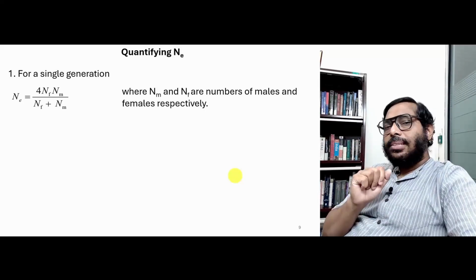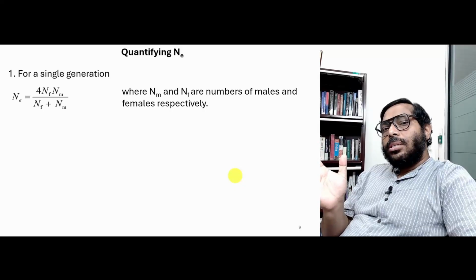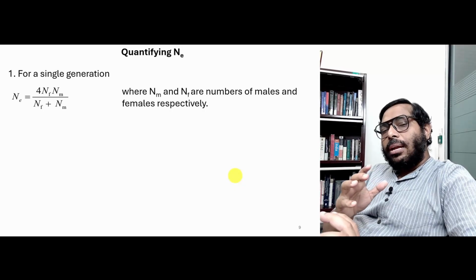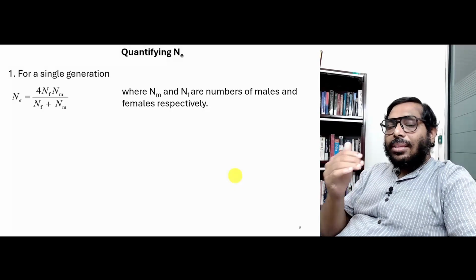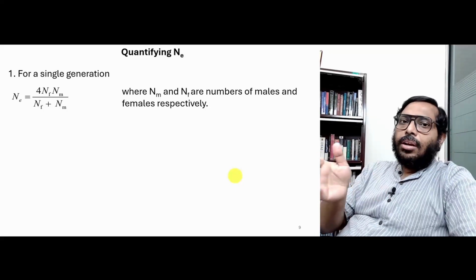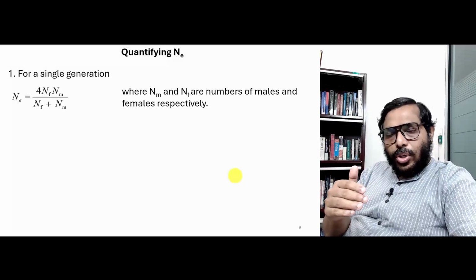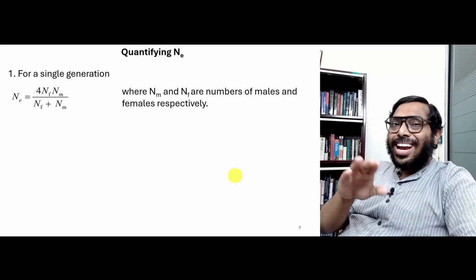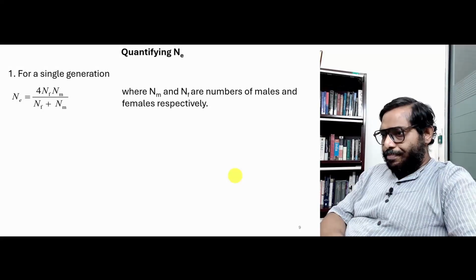So, that is what I mean by saying, if in the population the males and the females are in equal numbers, then the effective population size is the highest, and any deviation from the 1:1 ratio actually leads to a reduction in the effective population size.